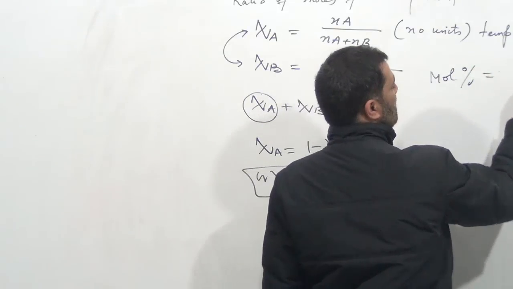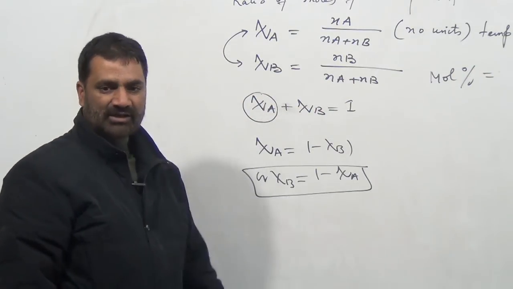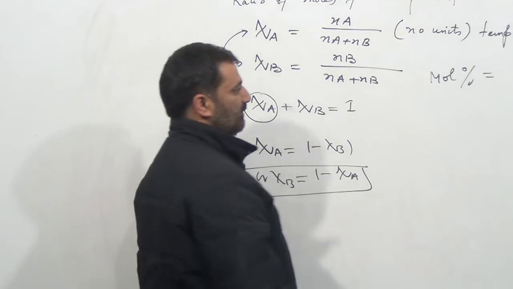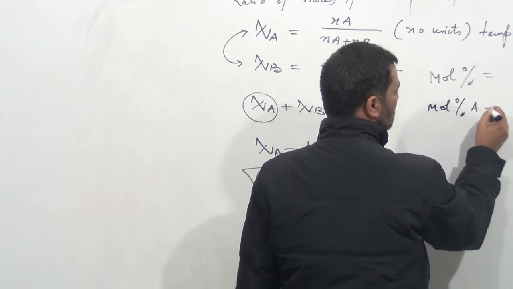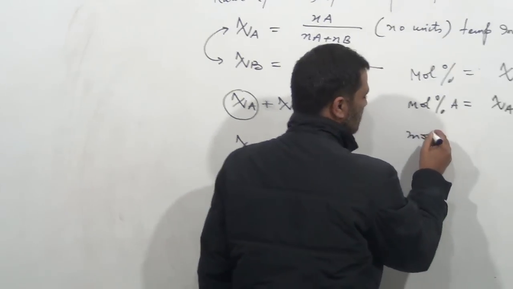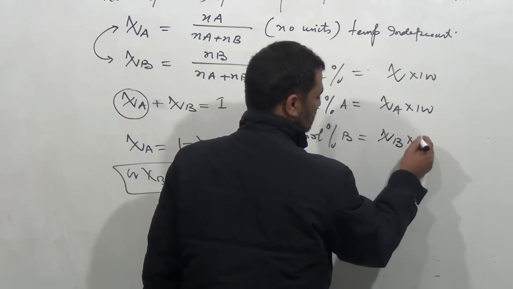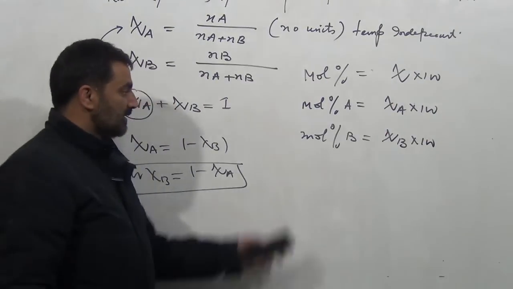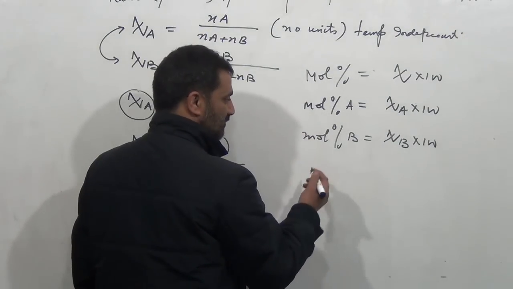Mole percent is equal to chi into 100. That is, mole fraction of that component multiplied by 100. So mole percent of A is equal to chi A into 100. Mole percent of B is equal to chi B into 100. The sum of the different percents is equal to 100.